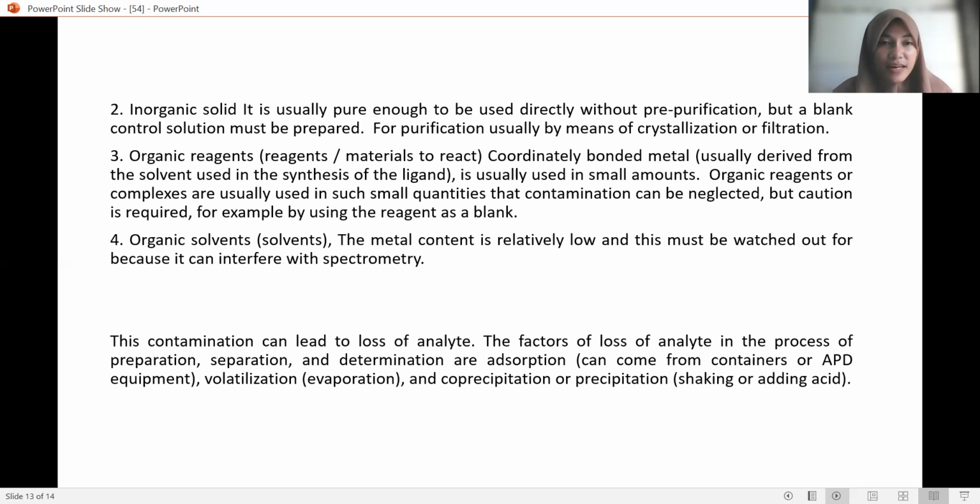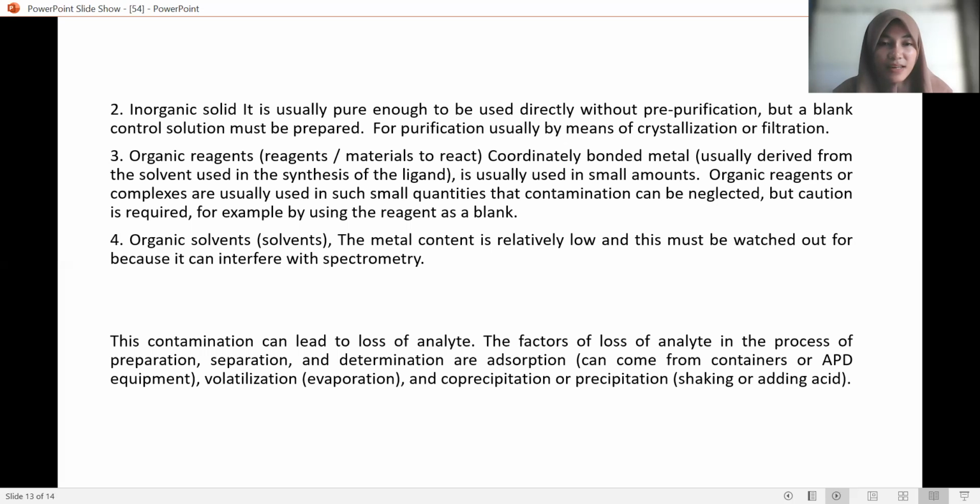And for organic solvents. The metal content is relatively low, and this must be watched out for because it can interfere with spectrometry.